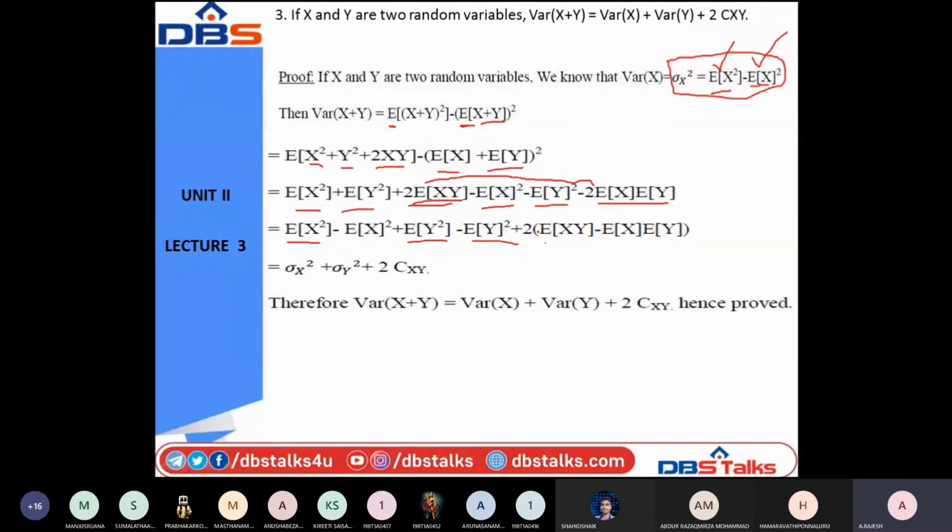So this will be 0 and this will become sigma X square plus sigma Y square plus 2 into Cxy.